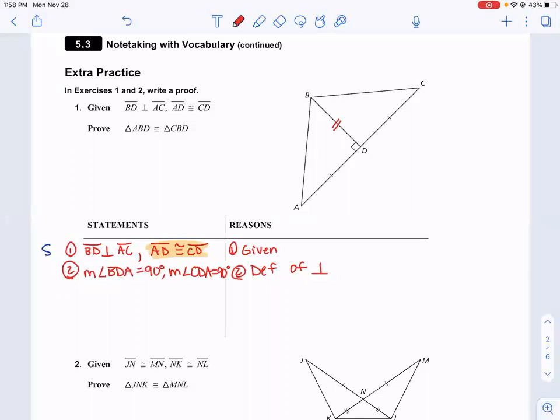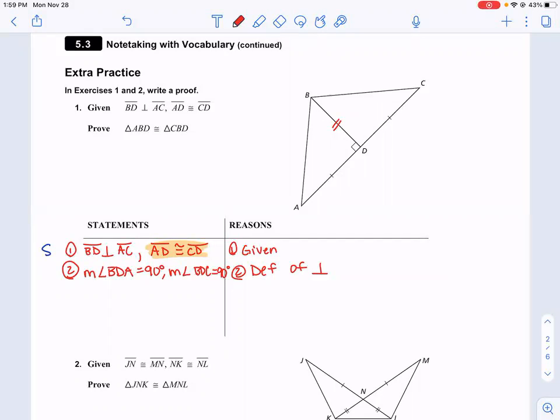It says BDA and BDC. We have to actually write it. Because they said they're perpendicular, we know these are 90-degree angles.